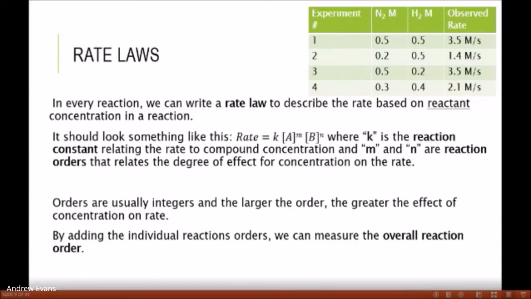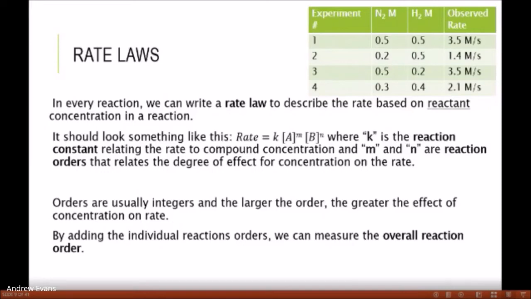Where do we start on that graph as it starts to decay? Look at that. These reaction orders are typically integers, and the larger the reaction order, the greater the effect of the concentration. If the reaction order is 1, there's a 1-to-1 effect between the reaction rate and the starting concentration.